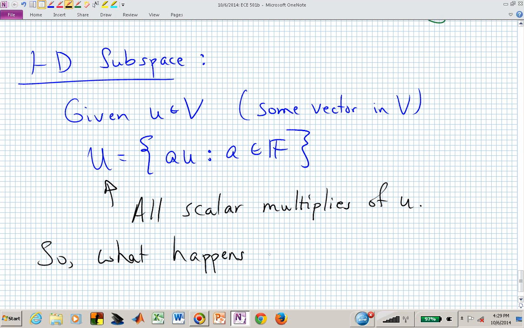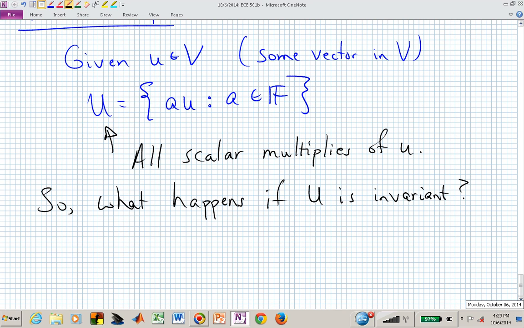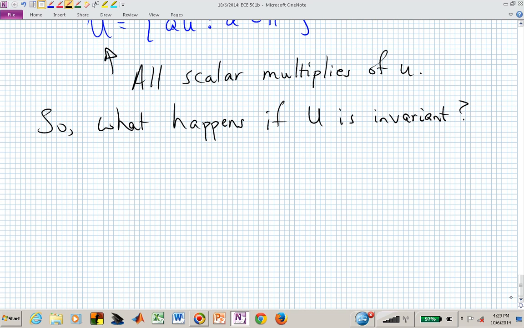So what happens if U is invariant? Now, if we want U to be invariant, suppose we are given a w that belongs to U. So now w is some scalar multiple of the vector little u.